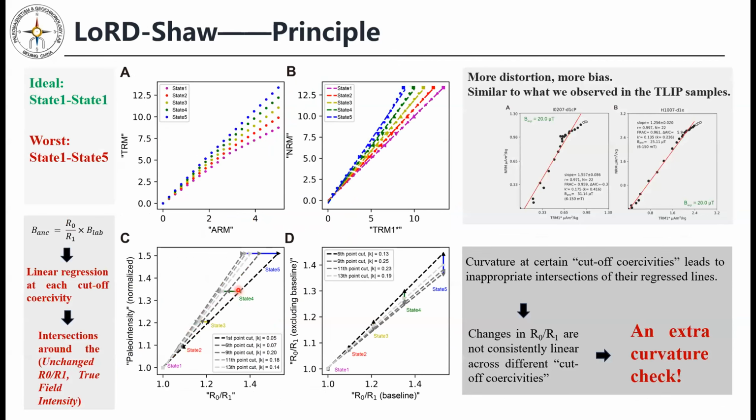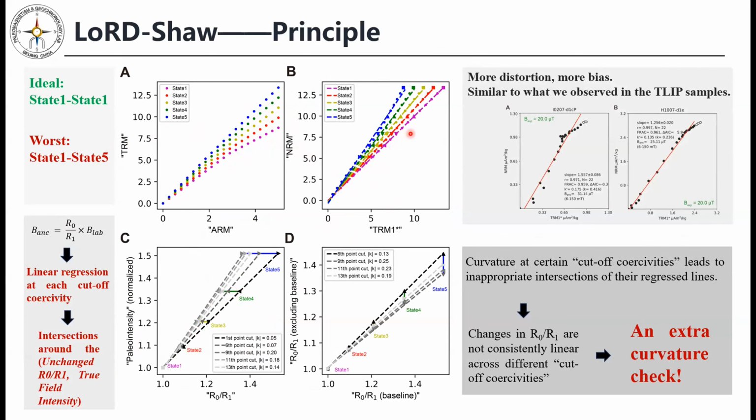First, let's consider some simple and ideal cases. We simulated some results from more MD-like to more SD-like samples, and we assume that the heating can change the state of the samples from more MD to more SD state, and we can get several NRM versus TRM1 correction plots.